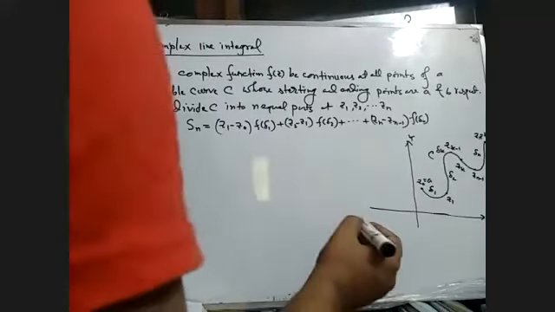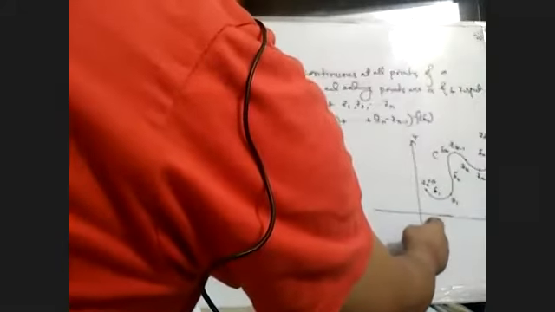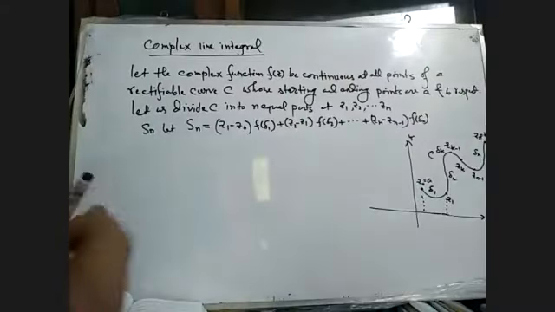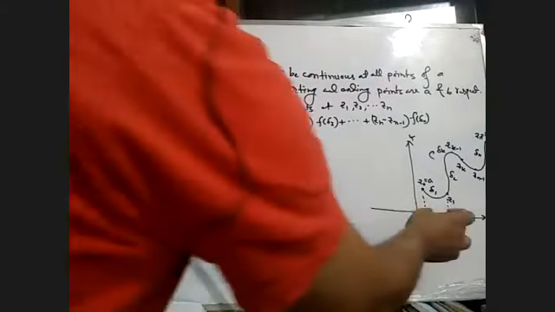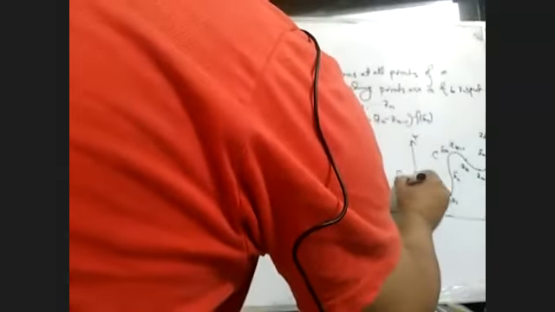This is along the x-axis, and this is along the y-axis. The difference Z1 minus Z0 is the length along the x-axis, and we get the corresponding value f of del 1 along the y-axis.